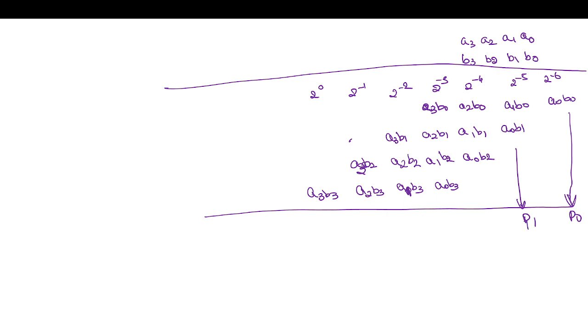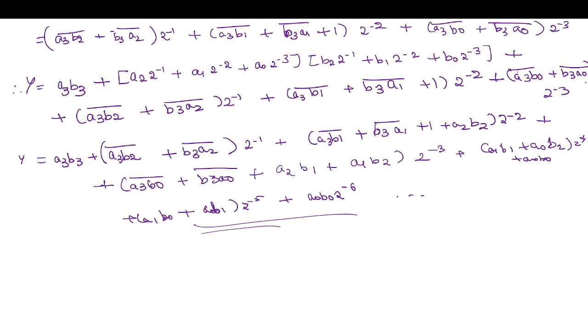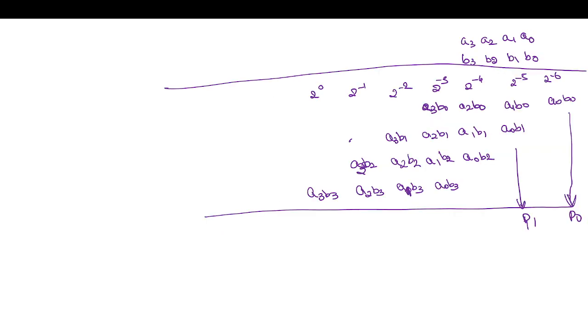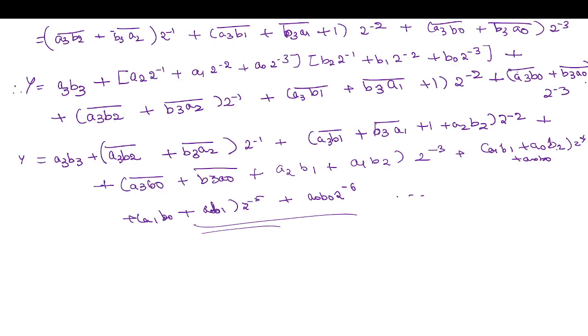The next is a2 b0, a1 b1, a0 b2 for 2 to the power minus 4. Then the other term, a2 b0.